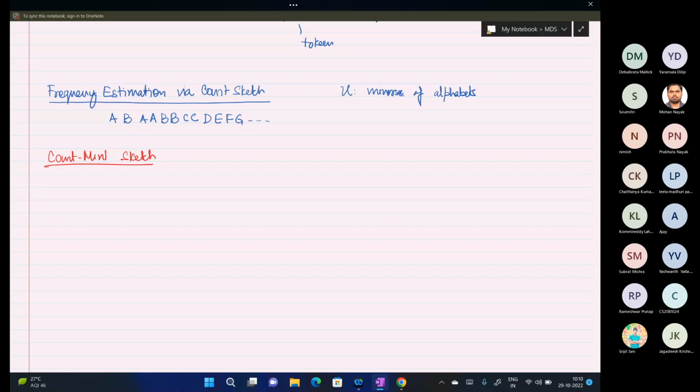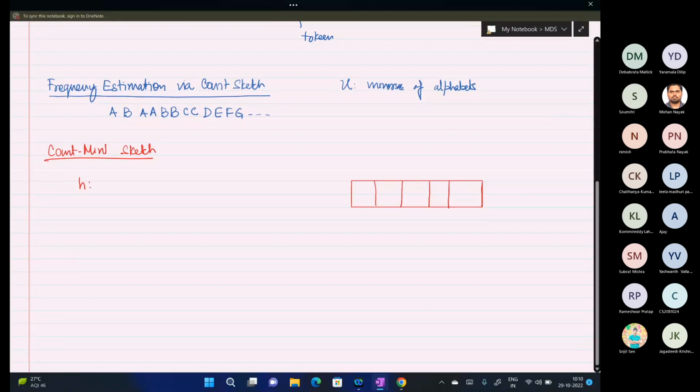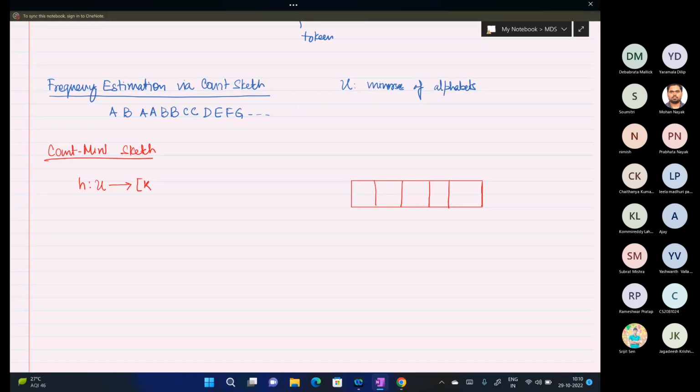Can you recall what the count min sketch algorithm was? In the count min sketch algorithm, we use one universal hash function that takes an element from the universe and maps it to one of these bins.